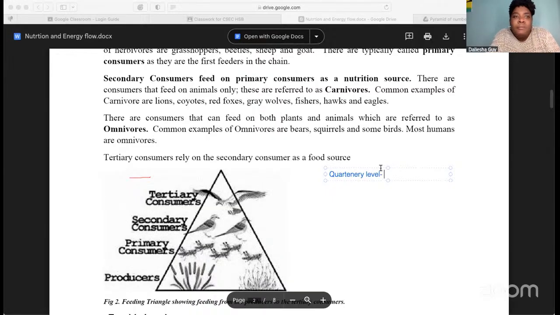So the quaternary level is the level that feeds on the tertiary. I'm going to explain why we don't see it much, but still take a note of it. So the quaternary consumer feeds on the tertiary consumer.